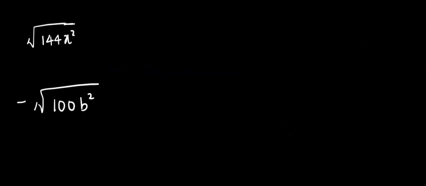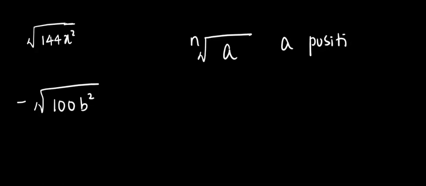Let us continue. Before we solve these two problems, remember for any real number a and any integer n where n is greater than 1, the principal nth root is a positive real number or 0 when a is positive or a is 0.